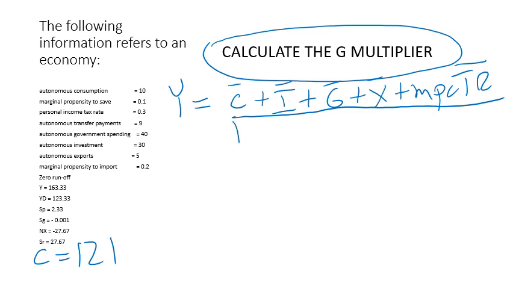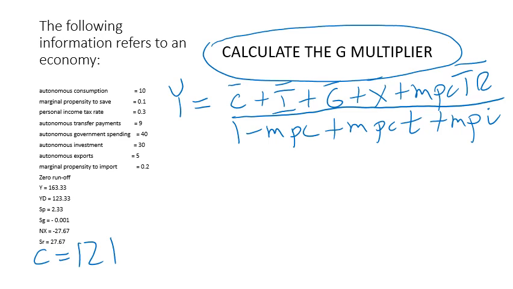And here we had what? 1 minus MPC, which is also equal to MPS, plus MPC T, plus the marginal propensity to import. Okay. All right. Let me switch to red here.